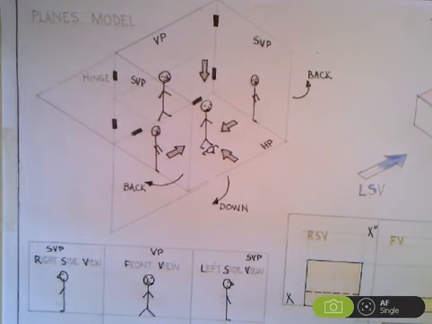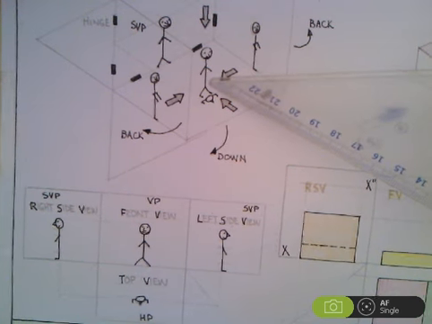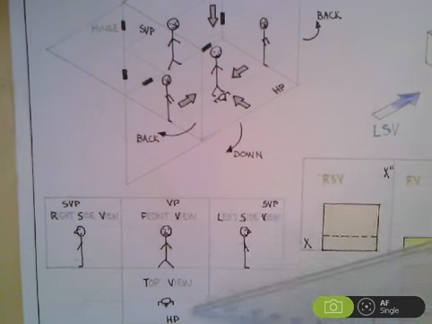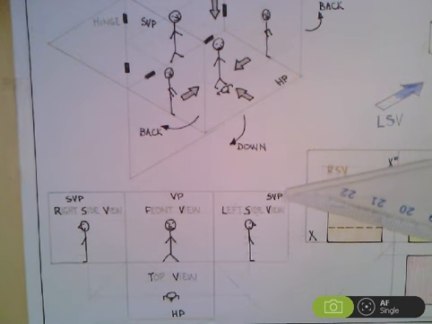We're changing a 3D image to 2D, and that means that we want it on a flat surface, which is our paper.